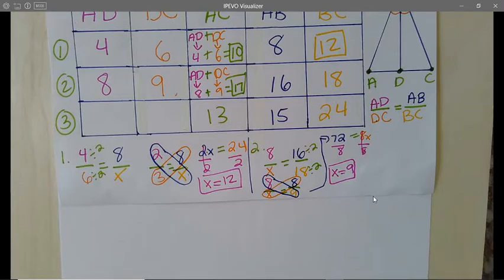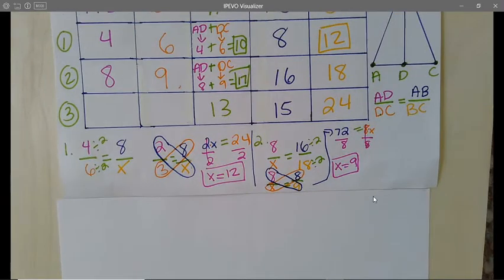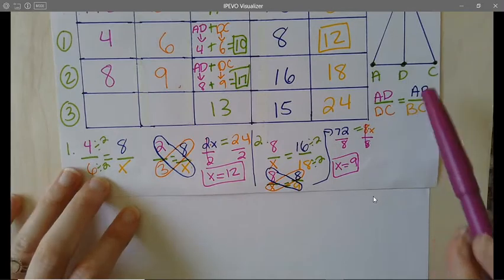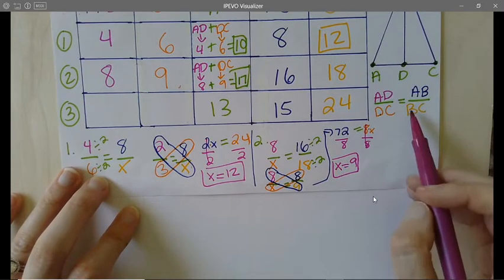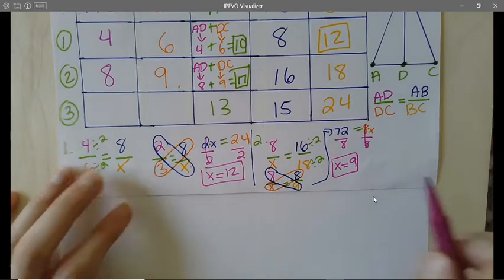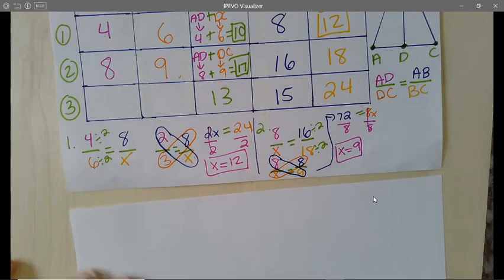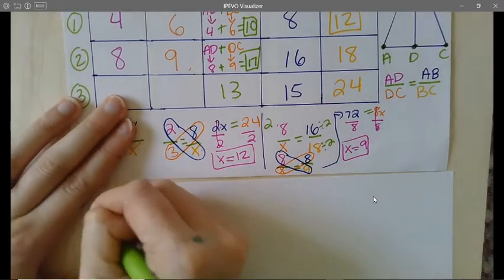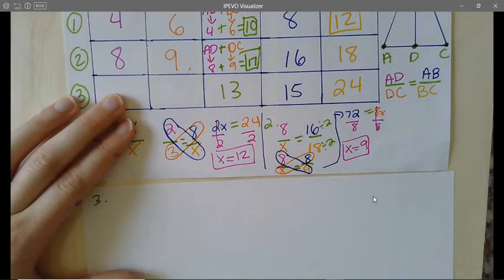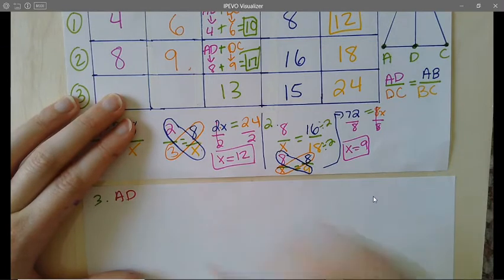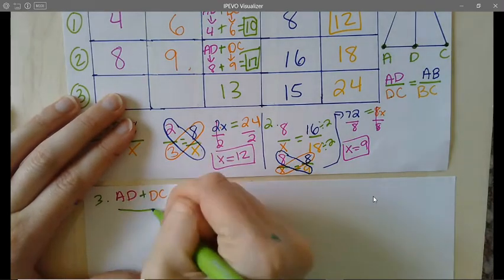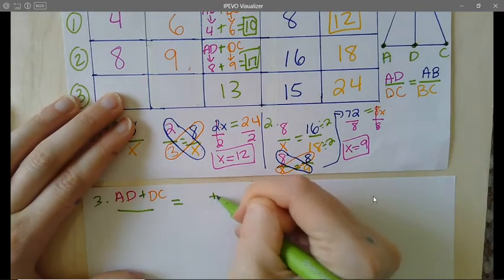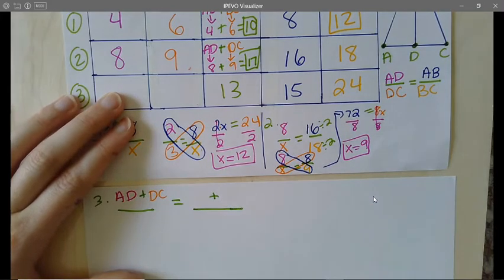All right. So I'm going to use the property that says I can add these two together and divide by the current denominator, and that will equal these two added together over the current denominator. So for part 3, I'm going to be working down here. I'm going to add AD plus DC and divide by my current denominator, which is DC. And that will equal AB plus BC over the current denominator, which is BC.